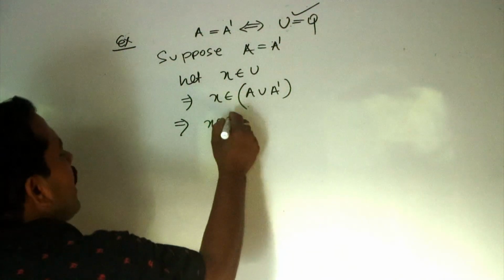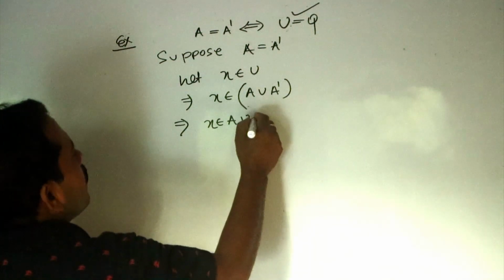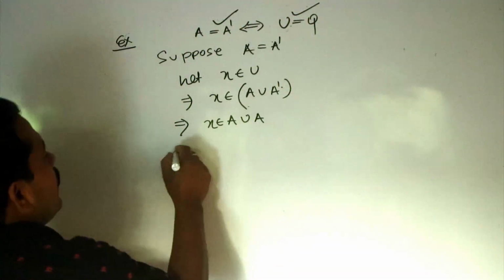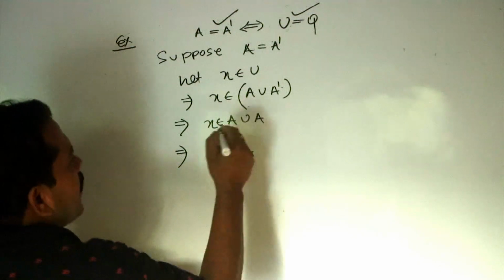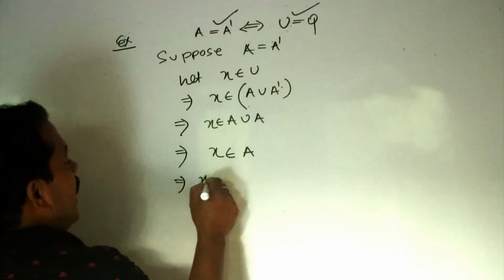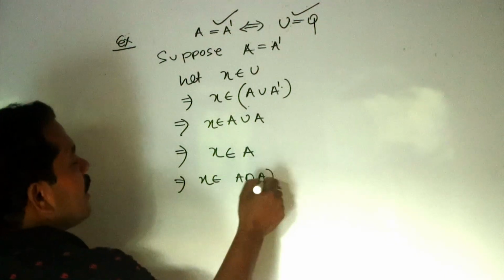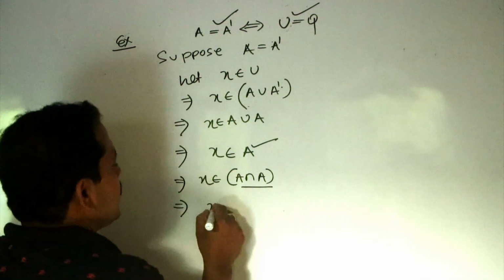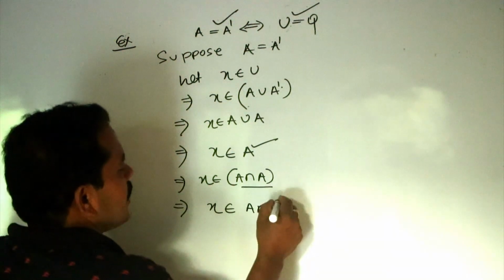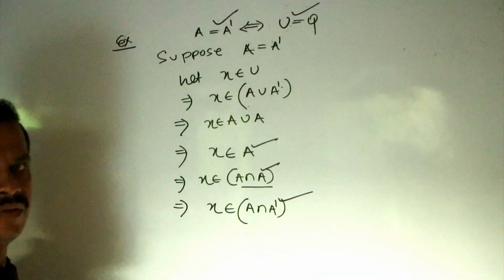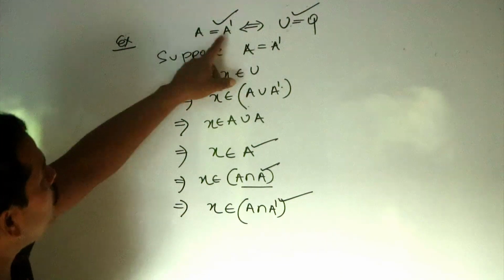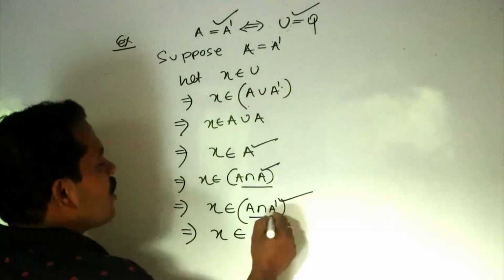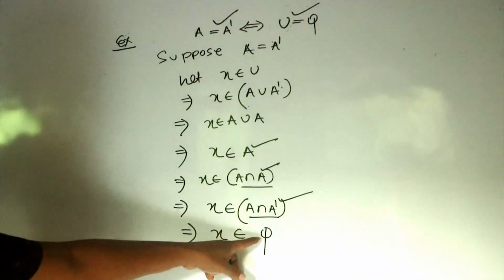This implies x belongs to A union A, since A dash is here A. This implies x belongs to A. This implies x belongs to A intersection A. We know that A is equal to A intersection A by the idempotent law. This implies x belongs to A intersection A dash because A equals A dash. We can use A as A dash because we supposed that A equals A dash. This implies x belongs to phi because we know that A intersection A dash is equal to phi.